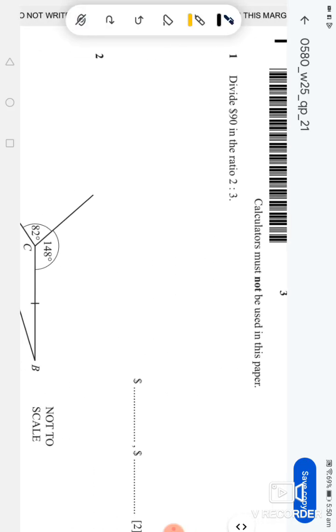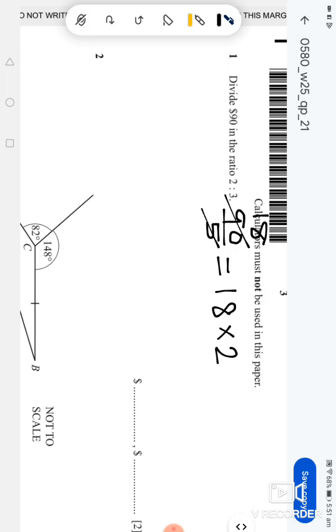Question number 1. Divide $90 in the ratio 2:3. Total ratio is 2 plus 3 equals 5. So 90 divided by 5: 5 times 1 is 5, 5 times 8 is 40, so 18.